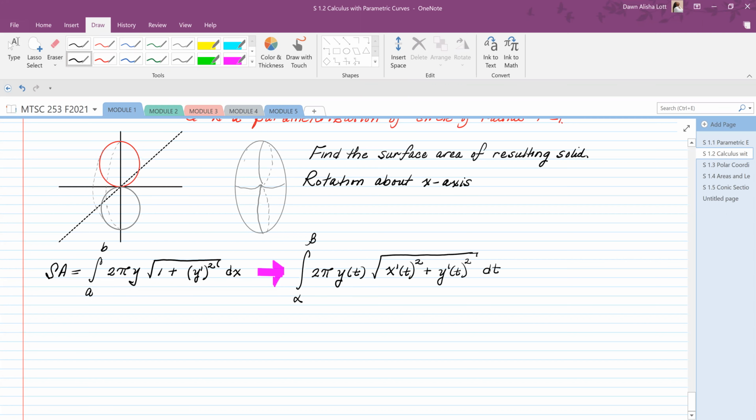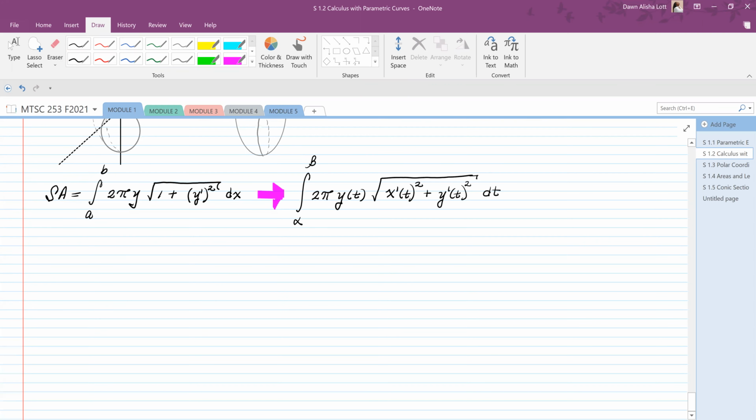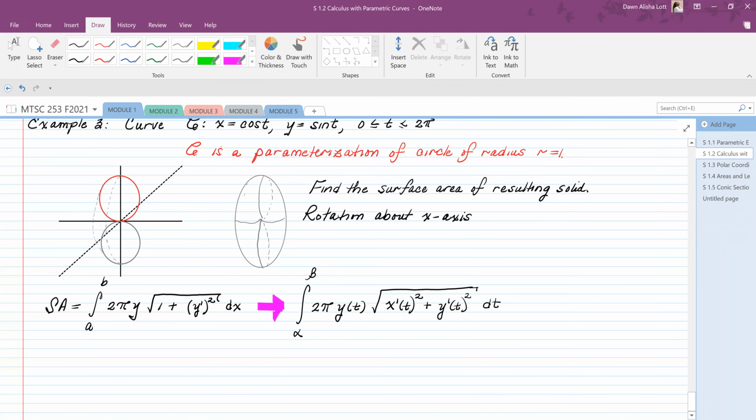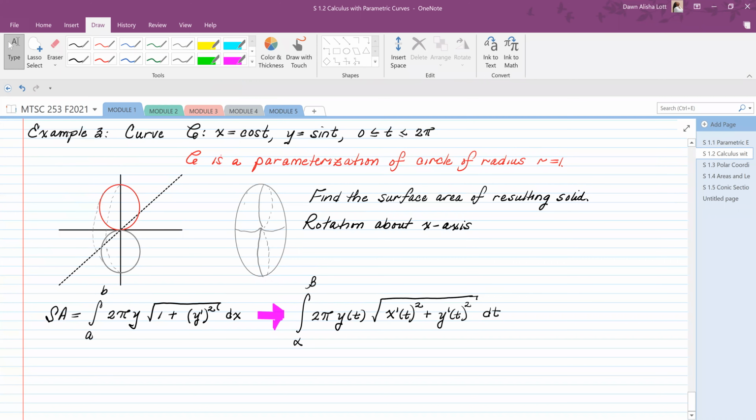Okay. All right, so what do we have? Well, the first part is easy. We already know what x and y are, so we need to find x prime of t. The derivative of cosine is minus sine of t, and y prime of t, the derivative of sine t is positive cosine of t.